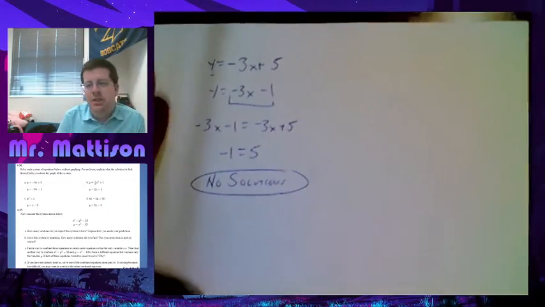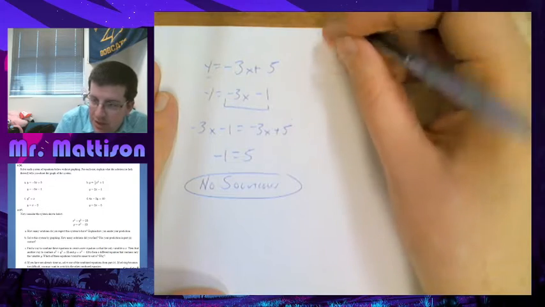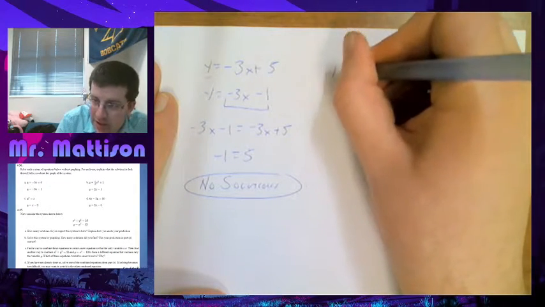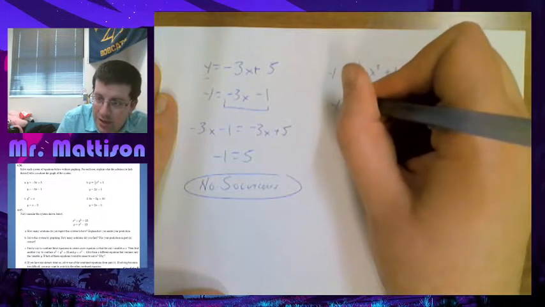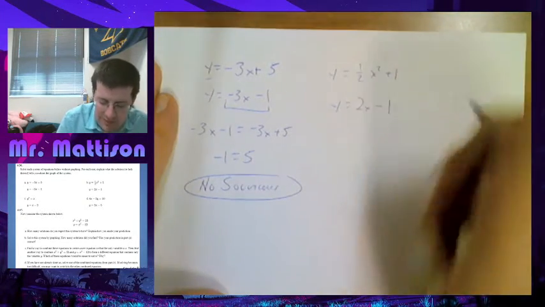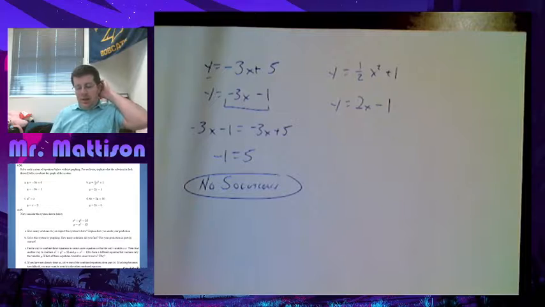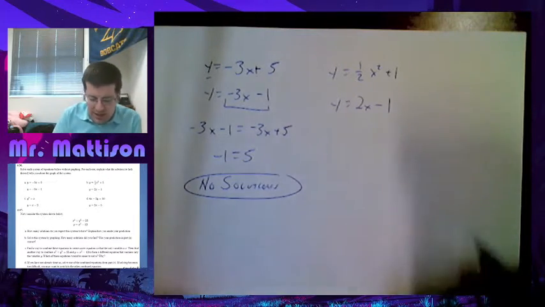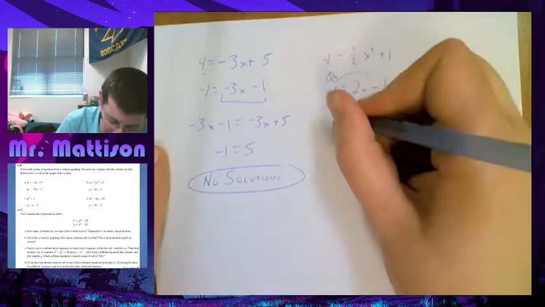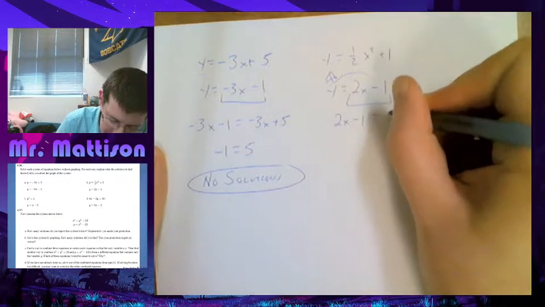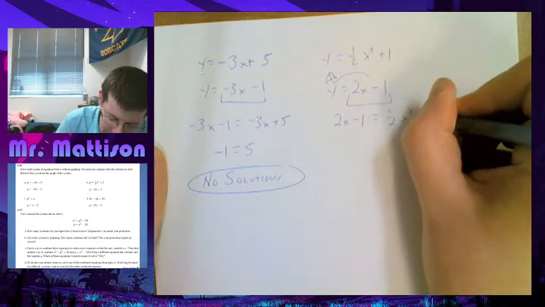Just like that. All right, then on B, we have y equals 1/2 x squared plus 1, and we have y equals 2x minus 1. So probably want to do substitution here again. Let's plug all this in for the y over here. So I would get 2x minus 1 equals 1/2 x squared plus 1.